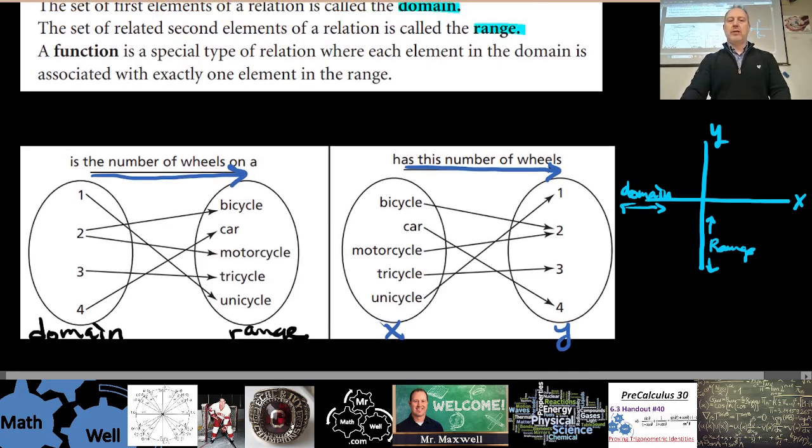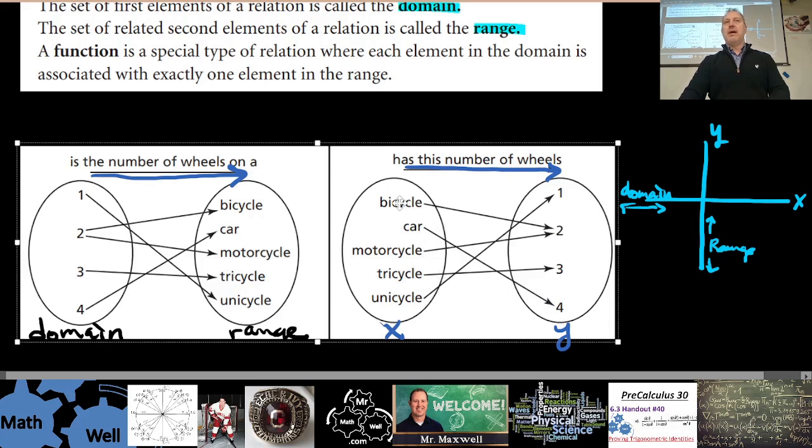So a function is what we deal with in math, and again, I want you to think about a function like this. If you start with your independent variable, let's talk about the right side here. If you have a bicycle and the description of the relationship is the number of wheels, a bicycle has 2 wheels, a car has 4 wheels, and so on.